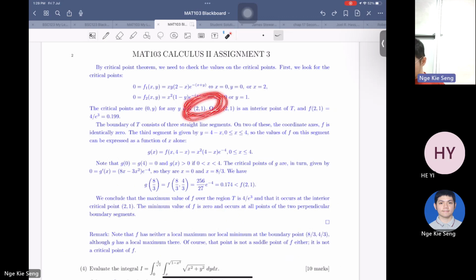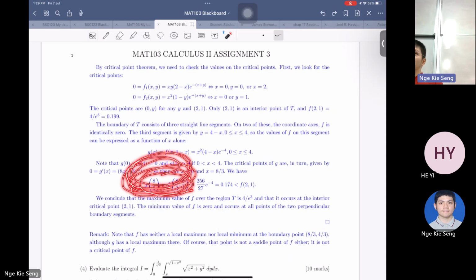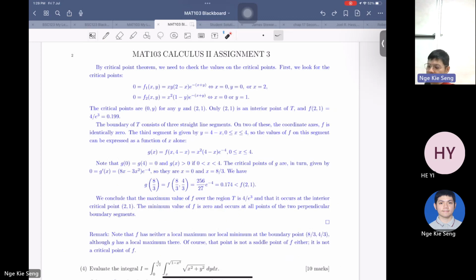So also one more point here, I think this is on the diagonal line. On the diagonal line, you also get 1 critical point. But does this critical point happen to be a local max or local min or not?